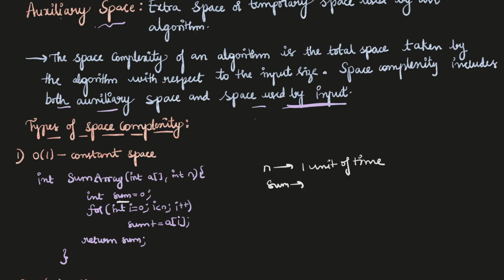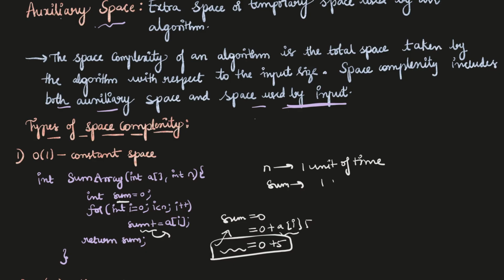The reason being, when you go inside sum, its value is just getting updated. Like first sum is equal to 0, then another time it would get 0 plus some element over here. Suppose this is equal to 5, then this would be 0 plus 5. So the sum value is getting updated each time, but it is taking just 1 unit of space.